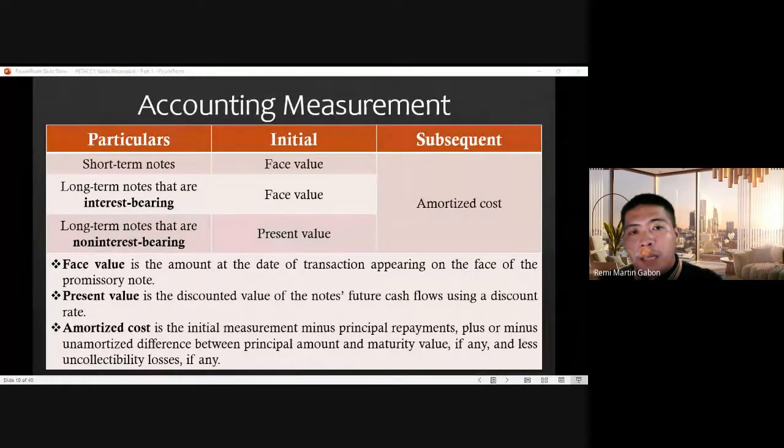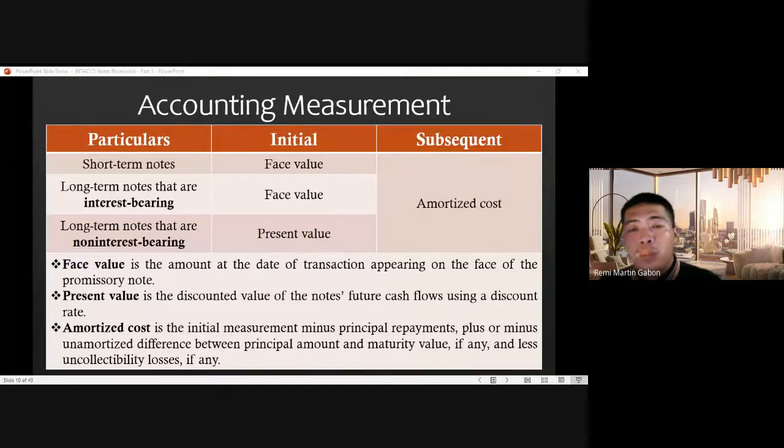Now to emphasize more of the amortized cost, for short-term notes and long-term notes that are interest-bearing, we can have it up to initial measurement minus principal repayments. Because such receivables, short-term and long-term interest-bearing, are usually, my term is usually, not subject to amortization or discounting.